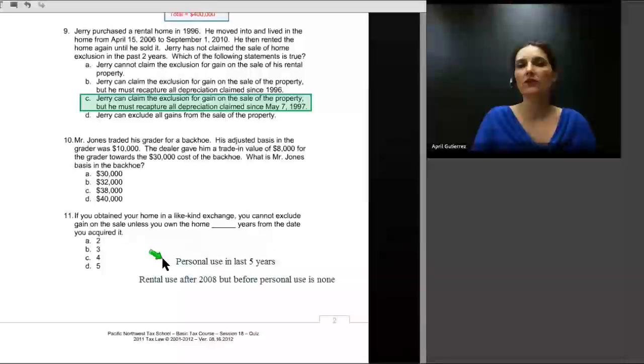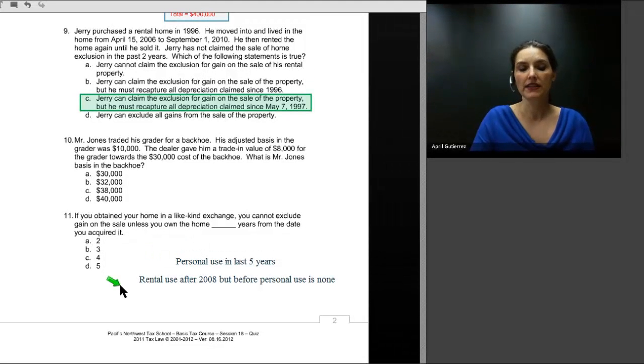Did Jerry own and occupy the home as his main home for 2 out of the last 5 years? Well, April 2006 through September 2010, clearly, if he sells the house at any point in 2011, he will have owned and occupied that home for at least 2 years in the 5 years immediately preceding. So he's going to win on that count. He does meet the 2 out of 5-year test.